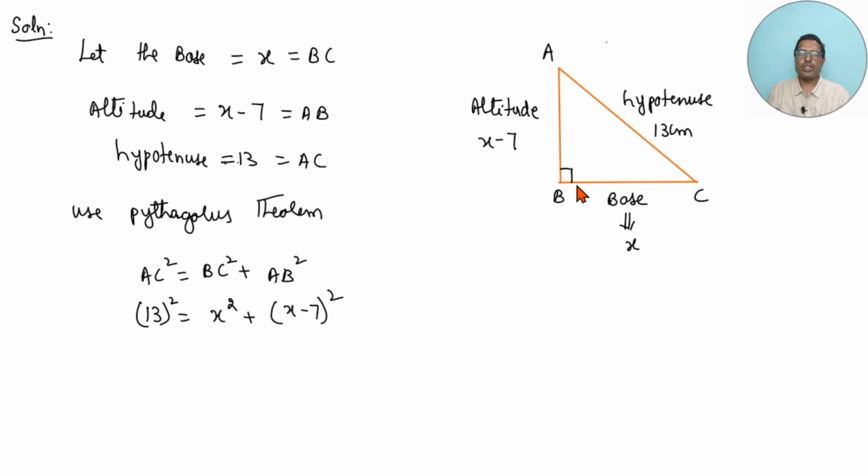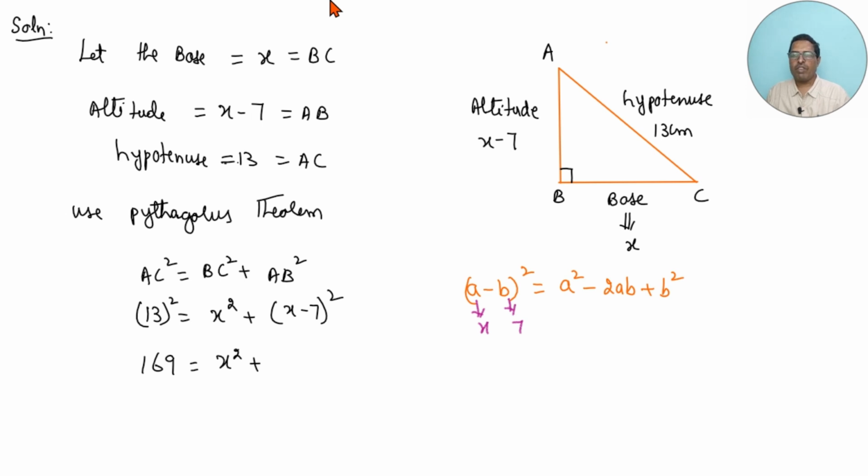We know 13 square will be 169. So this x square will be as it is, plus, now this is of the form a minus b whole square. So we have to use this formula: a minus b whole square is equal to a square minus 2ab plus b square. Here the value of a will be x and the value of b will be 7.